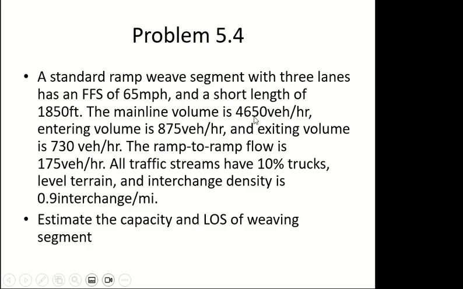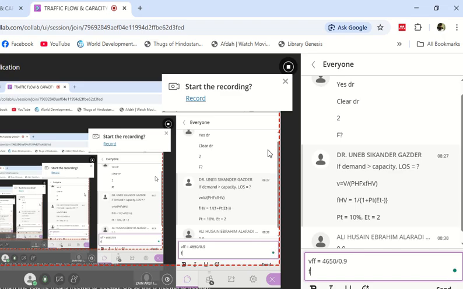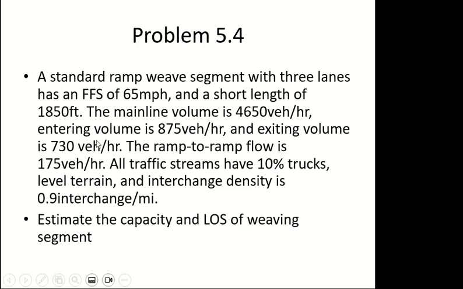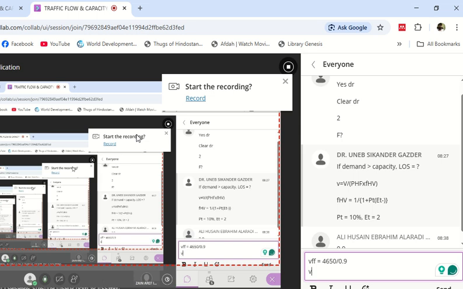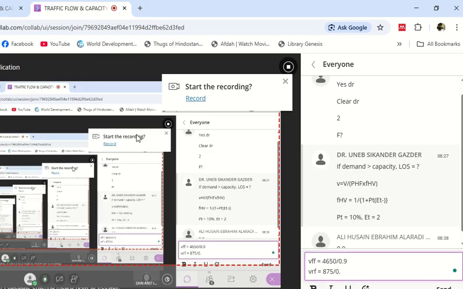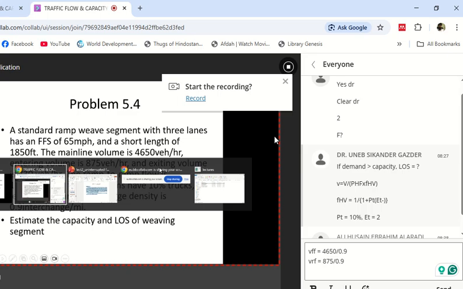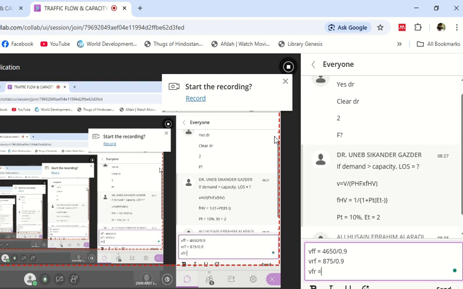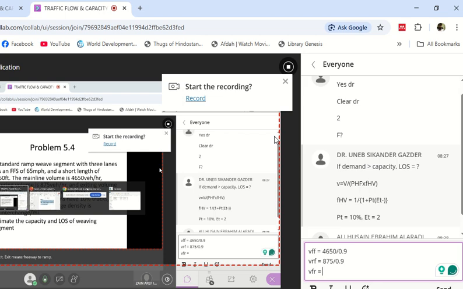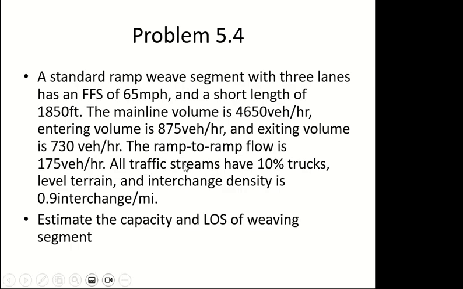Then entering means ramp to freeway. Then I have exit. Exit means freeway to ramp. And then we have ramp to ramp.